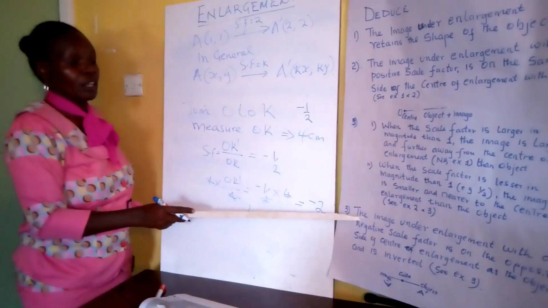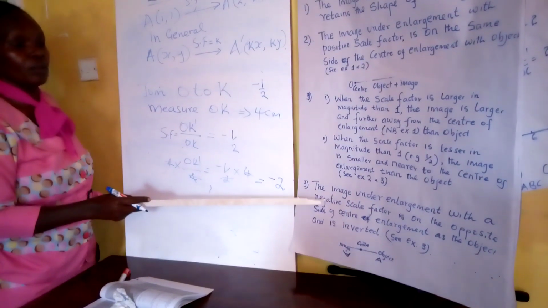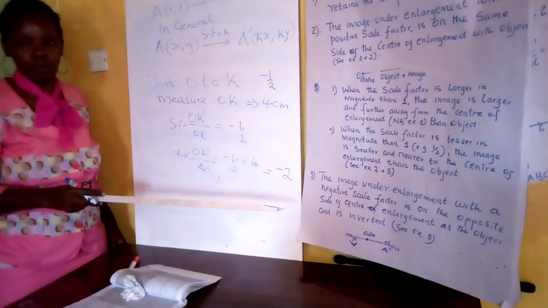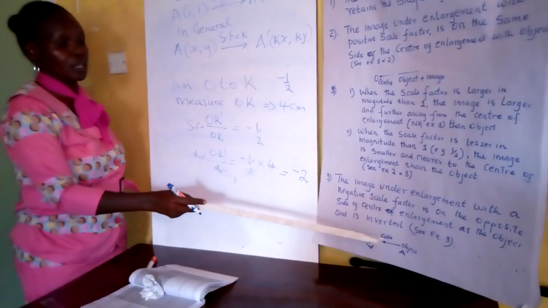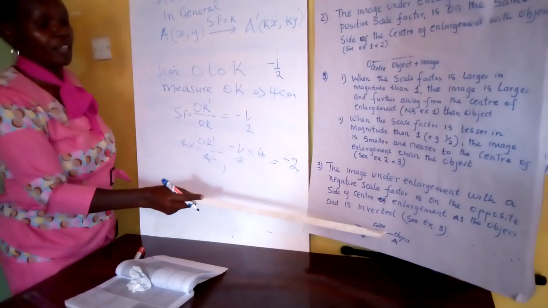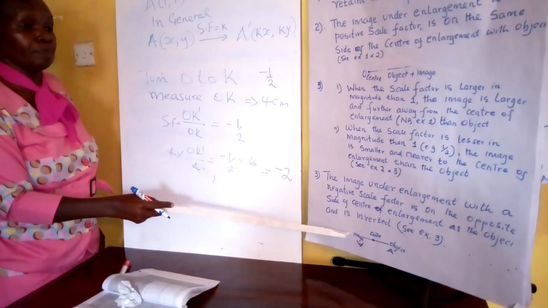Lastly, the image under enlargement with a negative scale factor is on the opposite side of the center of enlargement as the object. That is, if the object is on this side and this is the center of enlargement, the image will be on the other side of the center of enlargement.